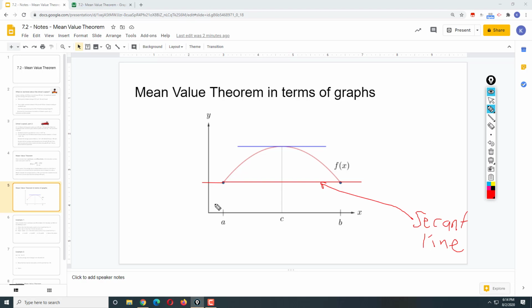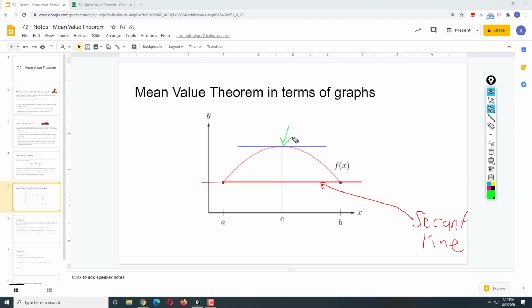Well, our graph in red is continuous and differentiable. It's a parabola after all. So there must be, because f(a) equals f(b) and the secant line is horizontal, some point f(c), right here.